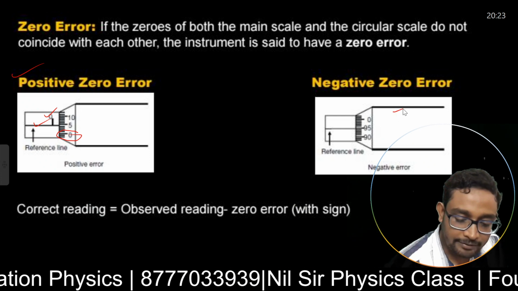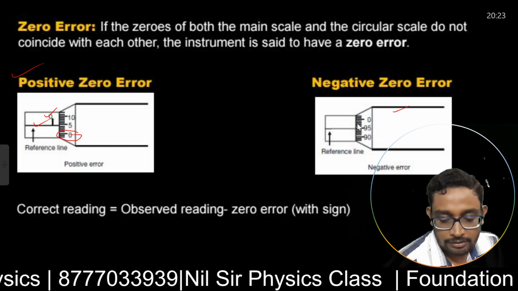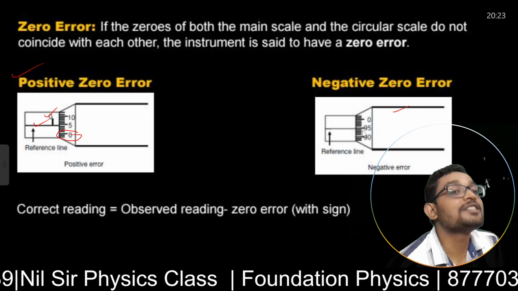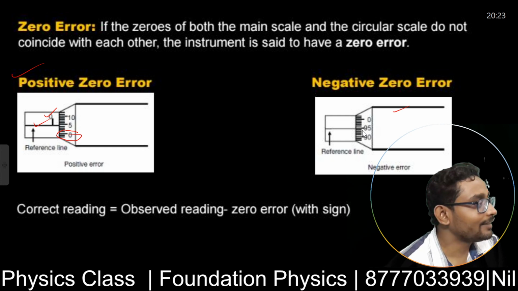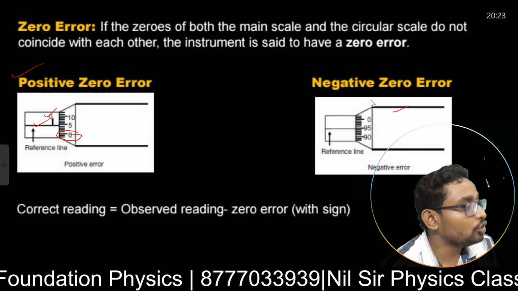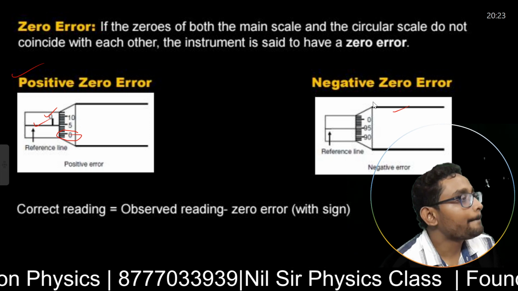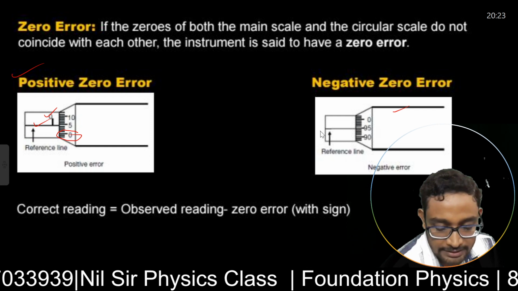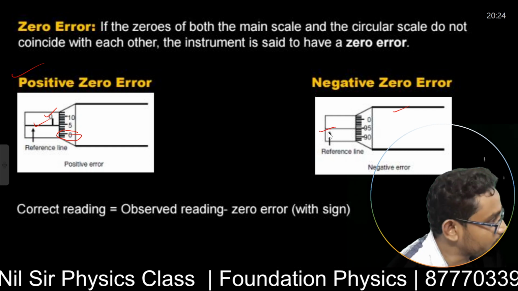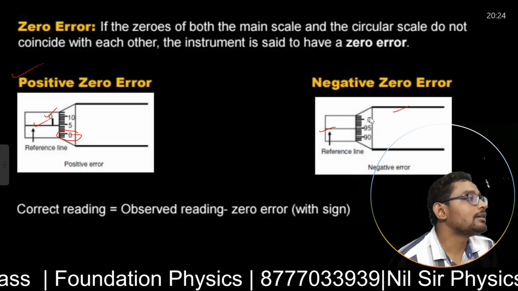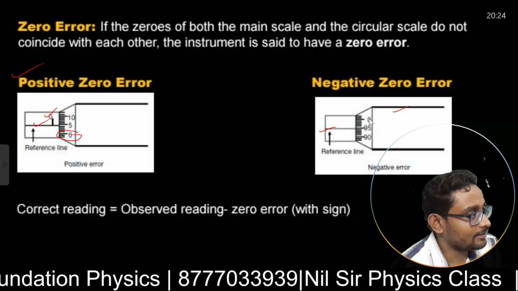In case of negative zero error, the zero of the circular scale will be above the central line or axis.